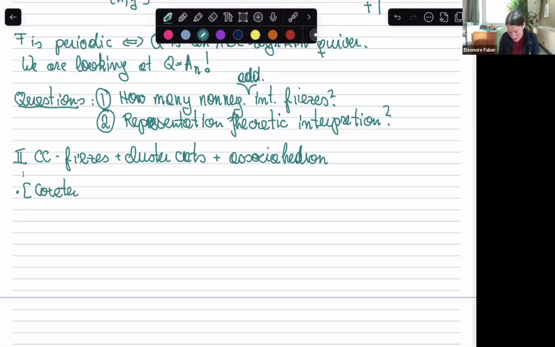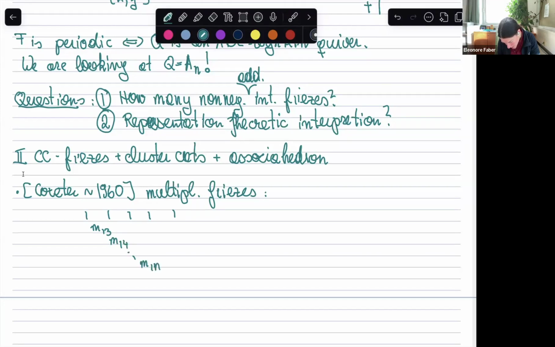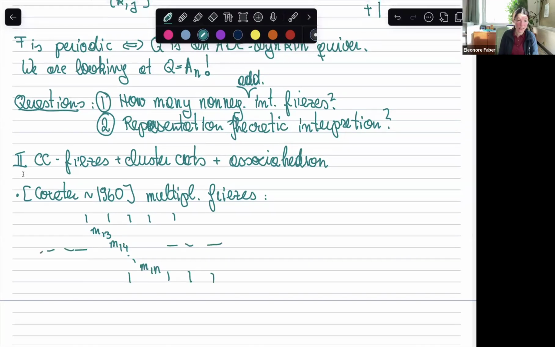Coxeter invented in around the 1960s so-called multiplicative friezes. You change a little bit how this looks. Instead of starting with a row of zeros, we start with a row of ones. Then we have entries M_ij, and then we go to M_1n, and then we have ones, again going infinite in both directions, and the width is again n.